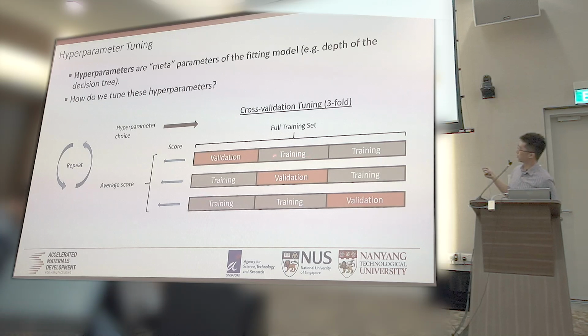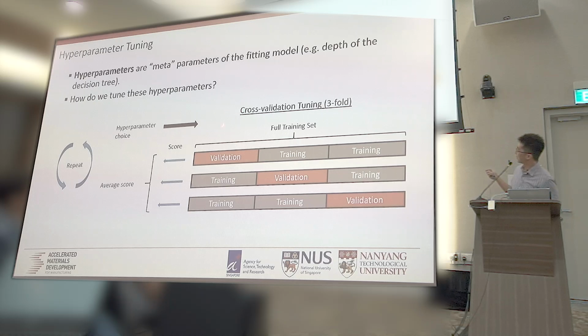I'm going to do something to my training set. I take my full training set and split it into a few portions. In this case, when it's threefold, I'm going to split it into 3. 2/3 of the training set, I'm going to use to fit the model, so I'll allow our model to see 2/3 of the training set. And 1/3 of the training set, I'm going to test and evaluate my model on. So this validation set plays the role of the test set that we had before.